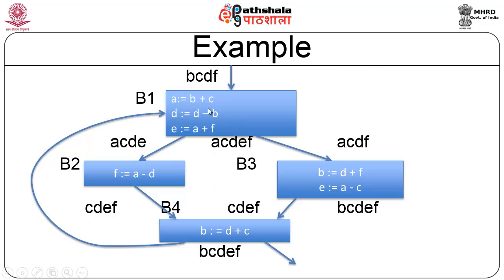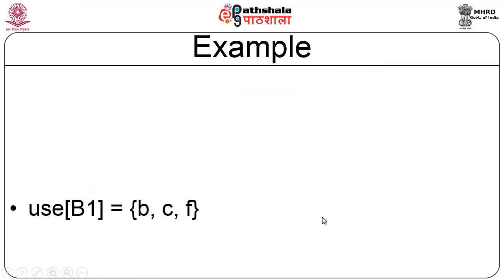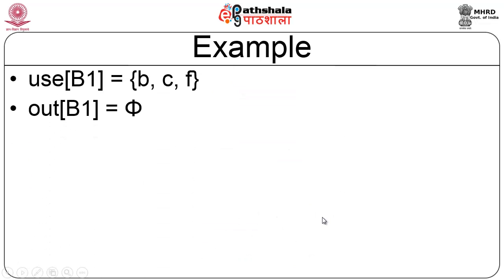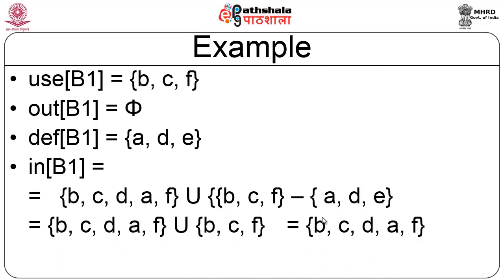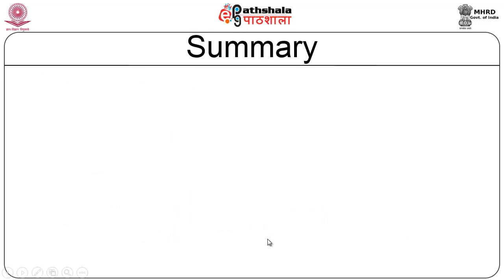Based on this I can compute the out as A, C, D, E, F, where A, C, D, E could go here and A, C, D, F could go here. So use of B1 is B, C, F, definition is A, D, E, and in of B1 is B, C, D, A, F. Again based upon this in, I have to compute the out, and that will be used for further computation.